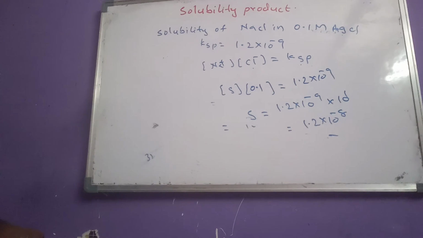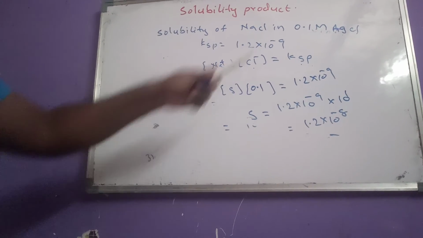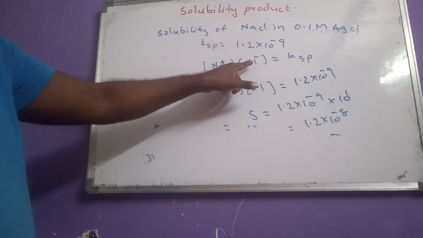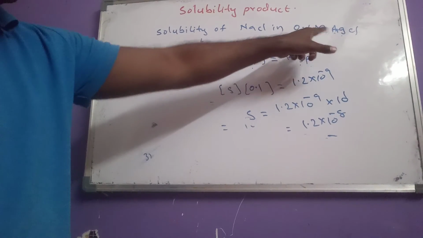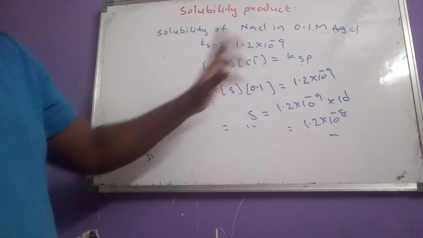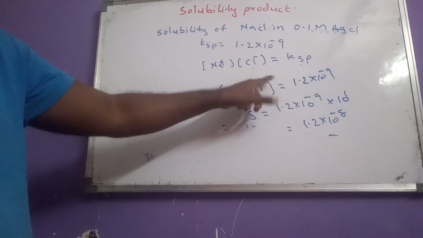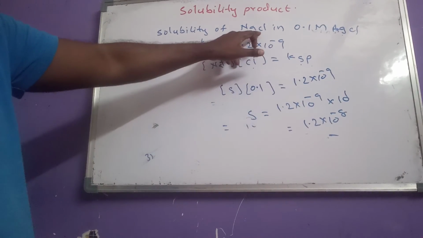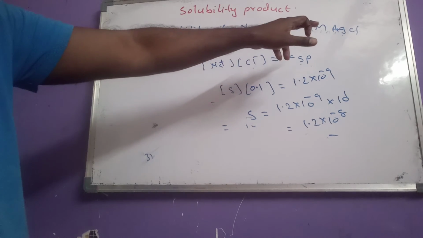So like this, if any common ion is present in the question, just take that concentration as given, 0.1 M only. No need to write 0.1 plus S, because due to the common ion effect, that Cl- solubility in AgCl is neglected.